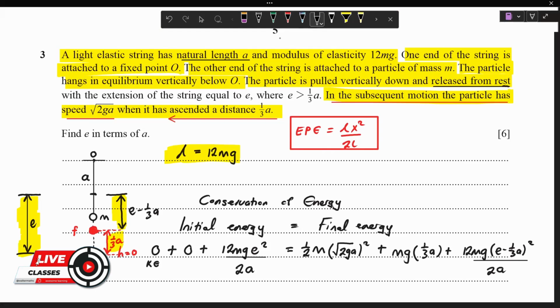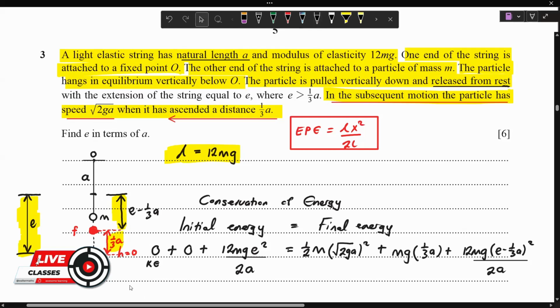Yes, sir. My question is, you said the extension is the length E, right? Oh, yes. And from the diagram, from V equal to 0 to the other side where it's somewhere between the particle and the string, right?